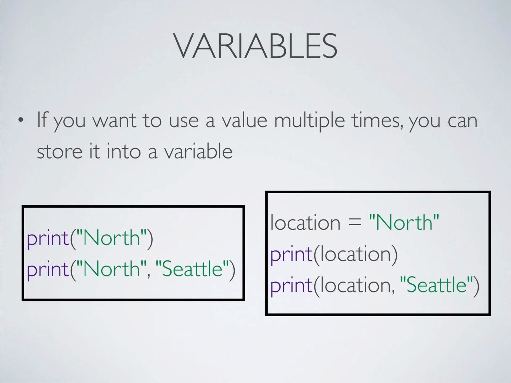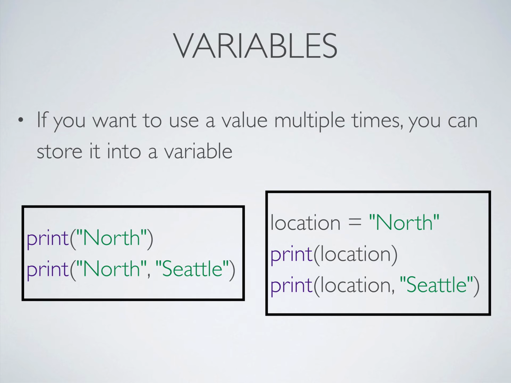Another way you could write this exact same code, meaning it does the exact same thing, since here, as you can see, we're using the string north twice, you could instead store it into a variable and then refer to the variable instead. So in this example on the right, the variable that we're making, we're calling it location, and into the variable we are storing this string north.